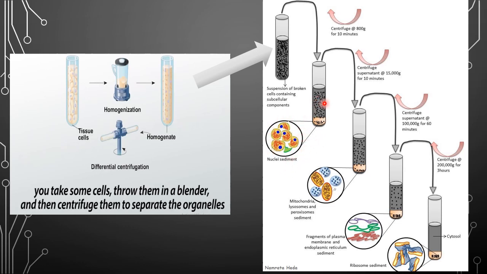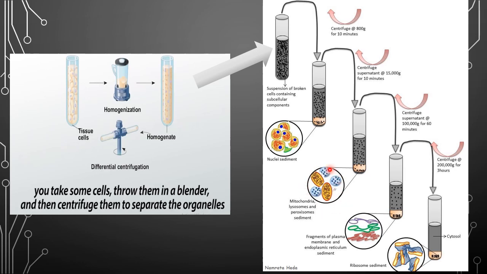This supernatant, we can put in a new tube and then in our centrifuge, and use 1500 g for another 10 or 15 minutes. After that, we mainly have in the pellet the mitochondria, the lysosomes and peroxisomes.